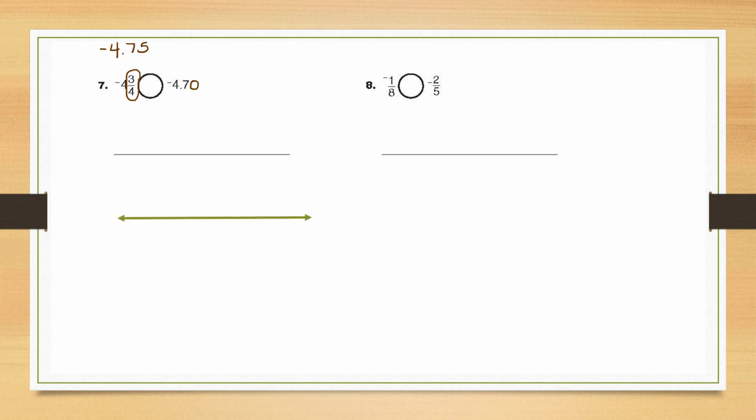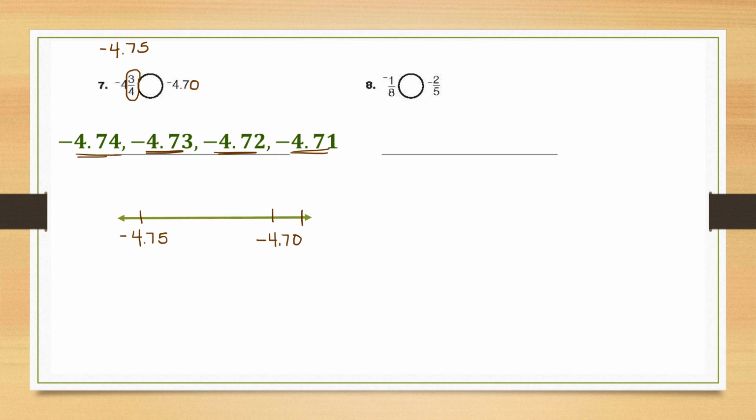So on our number line, I would have negative 4.70, and here I would have negative 4.75. Here are some numbers that we could have between these two: negative 4.71, negative 4.72, negative 4.73, negative 4.74, and that takes us back to negative 4.75.